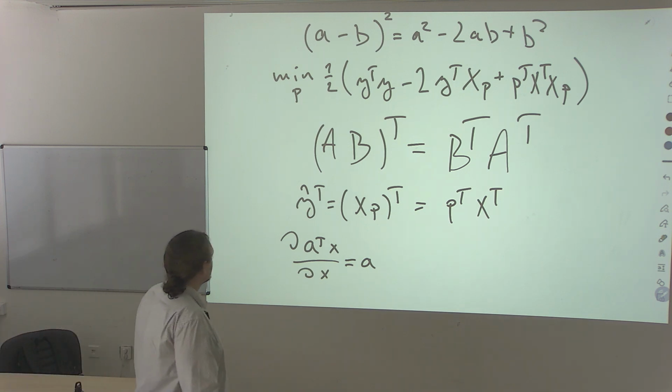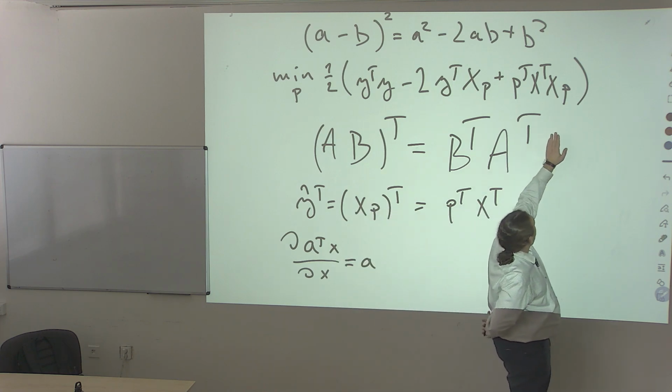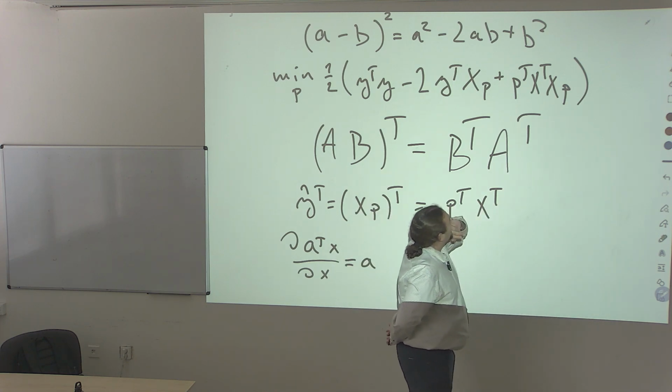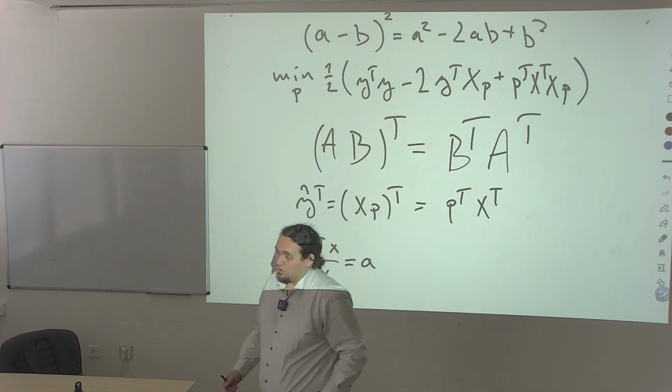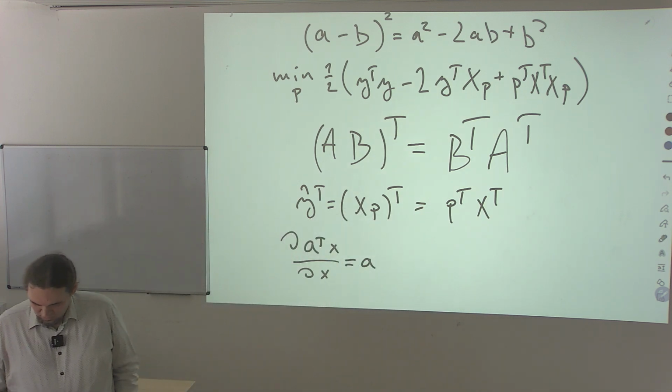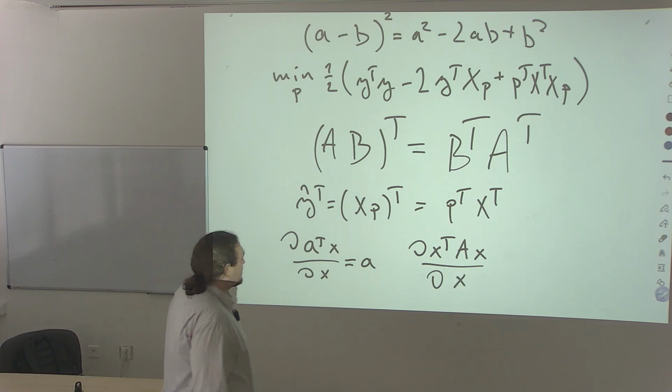The second formula from this calculus with vectors and matrices that we need is the derivative of the quadratic form. It's really called a quadratic form if we have x transpose times A times x.